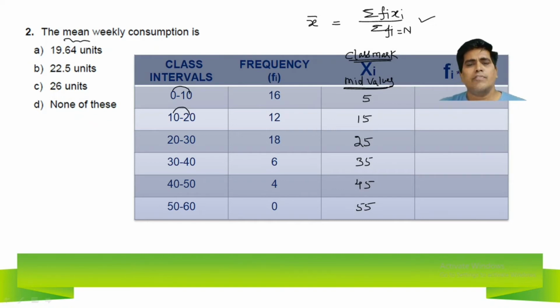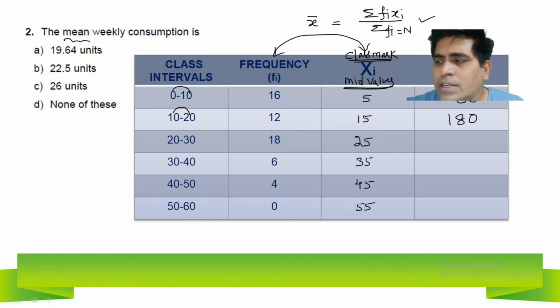After that we have to multiply these two columns. So fi into xi, these two columns we have to multiply. So 16 5s are 80. 12 15s are 180. Next, 18 into 25. Calculate 18 into 25.